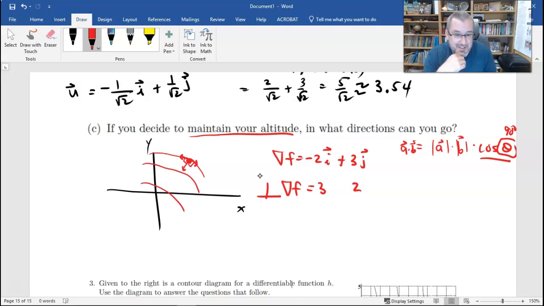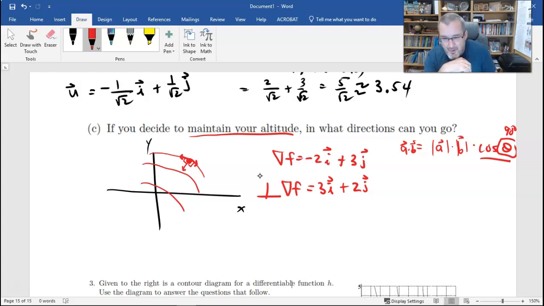Negative 2 times 3 is negative 6. 3 times 2 is 6. See, if you just flip them, when you do the multiplication, you're going to get 0. Now, you may have to do some sign stuff, like positive, negative sign stuff. But in this case, because we already had a negative, there was no need. So the dot product is 0.